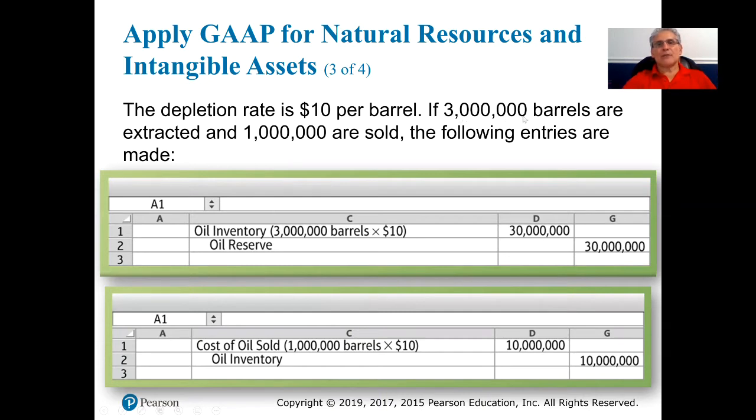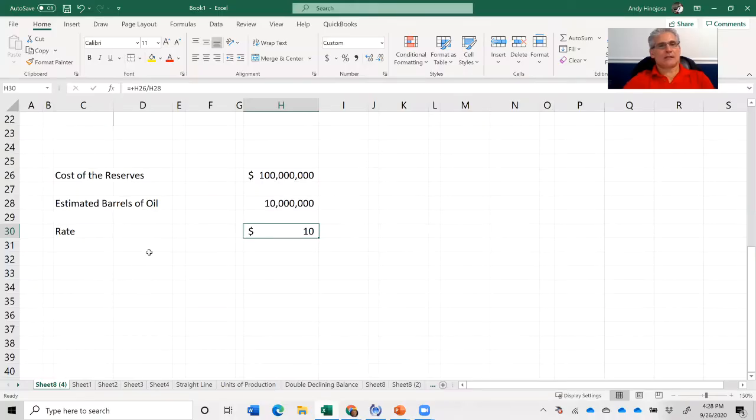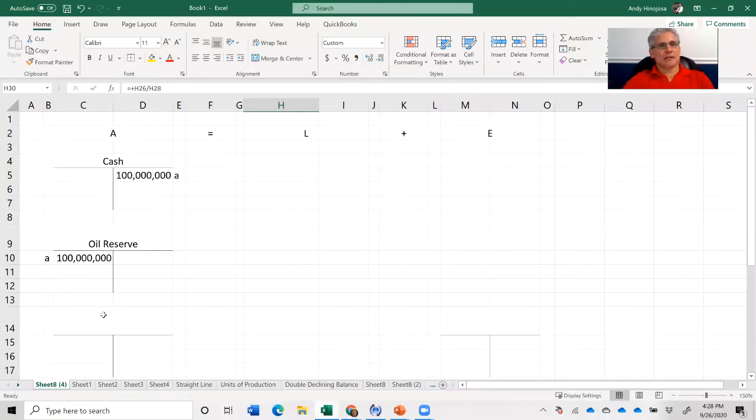If 3 million barrels are extracted and 1 million are sold, the following entries are made. The first thing we're going to do is debit oil inventory for 30 million. That's the 3 million times $10 a barrel. Let's go up to our journal entries.